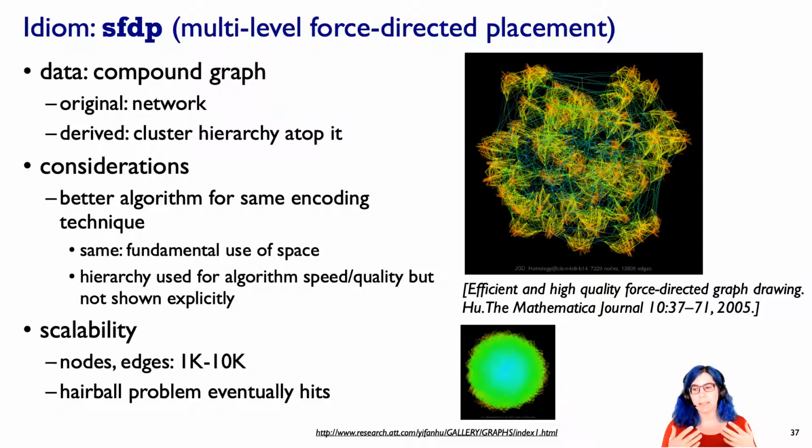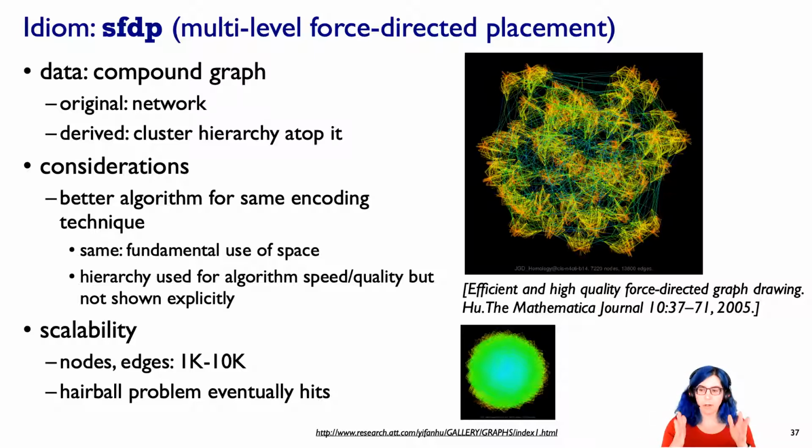It's fundamentally the same use of a node link layout, but this scales to much larger graphs. These graphs are so large we're not even drawing the points explicitly, only the edges in between. This is quite a large graph that was able to be computed very quickly. So we can definitely go beyond just 1,000 nodes with these kinds of algorithmic accelerations using multi-level structures, up to maybe things more like 10,000 nodes.